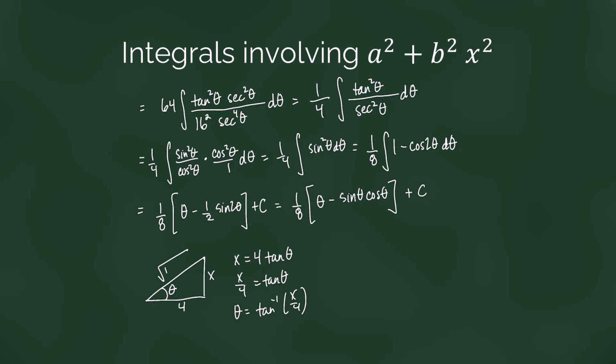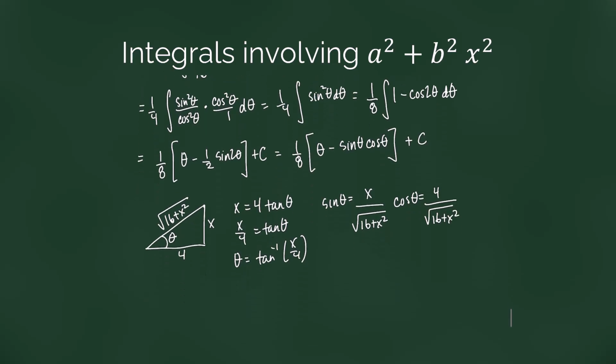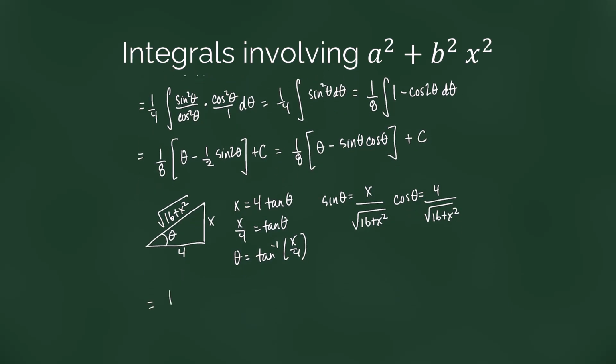We also know that the hypotenuse of our triangle, by the Pythagorean theorem, has to be 16 plus x squared, all under a square root. So we can say that the sine of theta is opposite over hypotenuse, so that's x over the square root of 16 plus x squared. And the cosine of theta is going to be adjacent over hypotenuse, which will be 4 over the square root of 16 plus x squared.